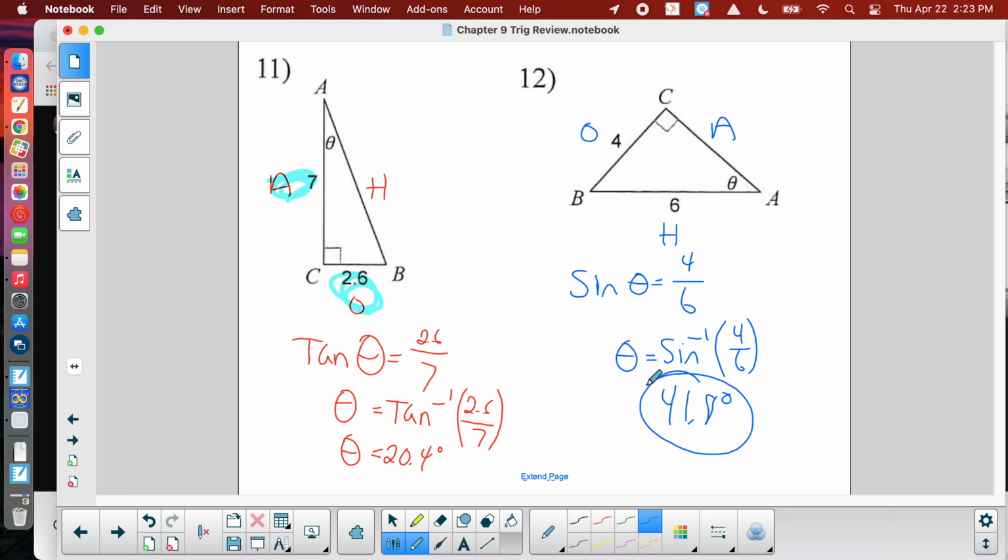Remember, when the angle is unknown, we use the inverse function to find the angle. When a side is unknown, we use just the regular function. The inverse function gets used when we don't know the angle. That might be something people write in their notes.